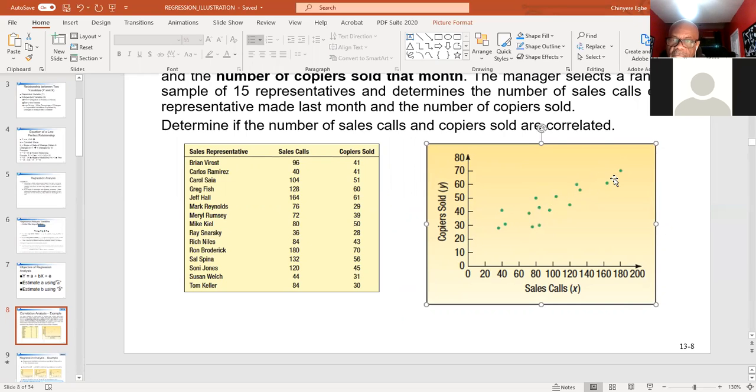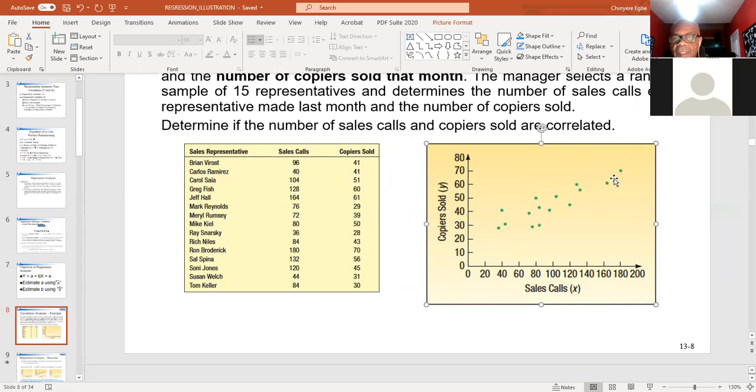Now, as you can see, why is it that you don't have a perfect line joining the number of calls and the number of copiers sold? Now, a number of reasons. Luck, good luck or bad luck, of the salesperson.